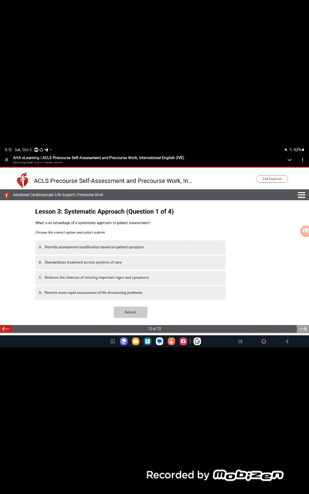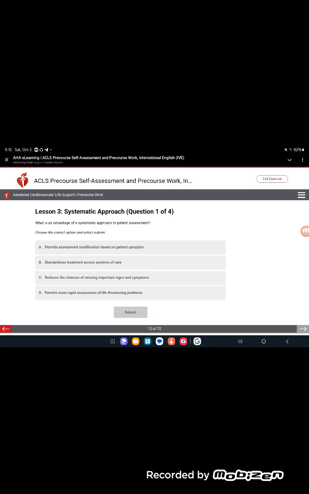What is the advantage of systematic approach to patient assessment? Permit assessment modification based on patient symptoms, standardized treatment across system of care, reduce chance of missing important signs and symptoms, permit more rapid assessment of life threatening problem.